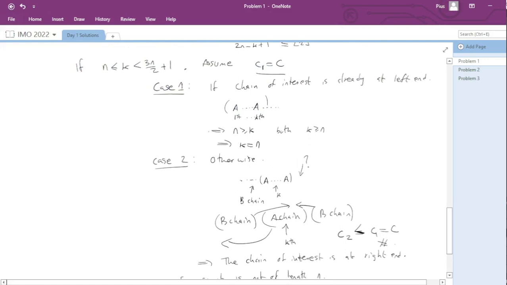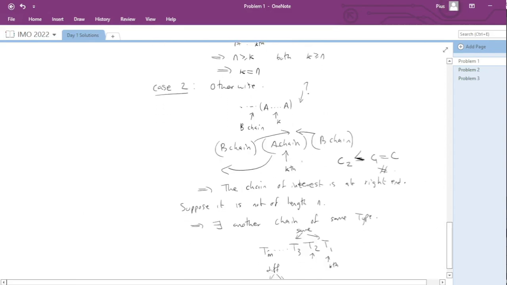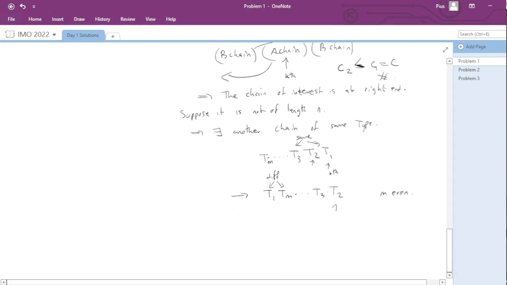So in any other case, no matter which part of the process we meet, we must end up having exactly the Kth one being at the chain of the extreme right. So this means that the next Kth one will also have to be at the extreme right, meaning after this we make one more step, we get this up to T3 and repeat the same again, so the Kth must be here.